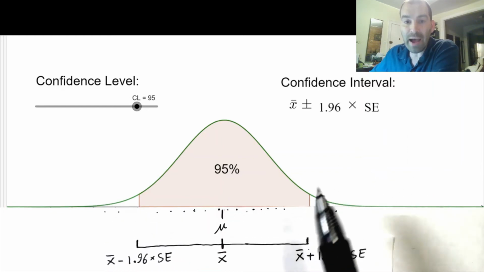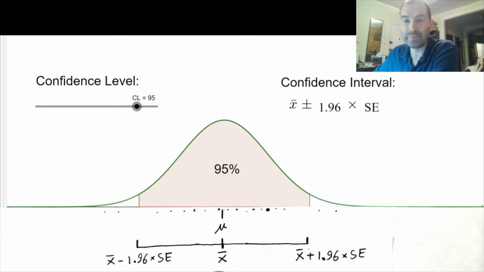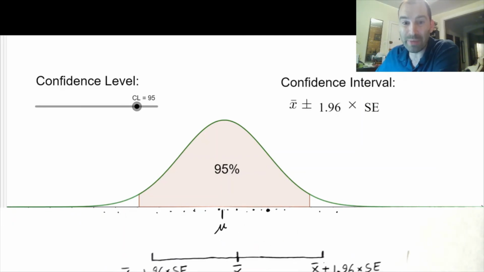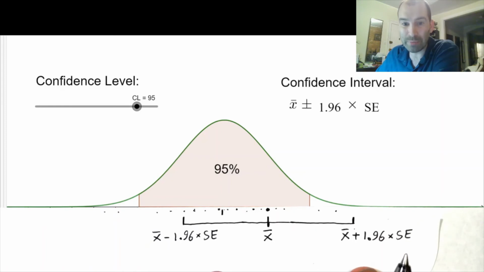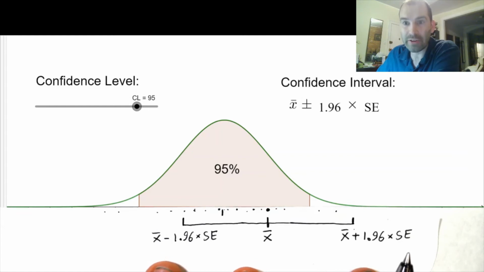Suppose I got this one right here as my sample mean. I missed the true mean, but I don't know that because I don't know what the true mean is. But I'm going to build this interval around that sample mean. So what I'm now asking is, was that interval sufficiently large so that I caught the true mean?